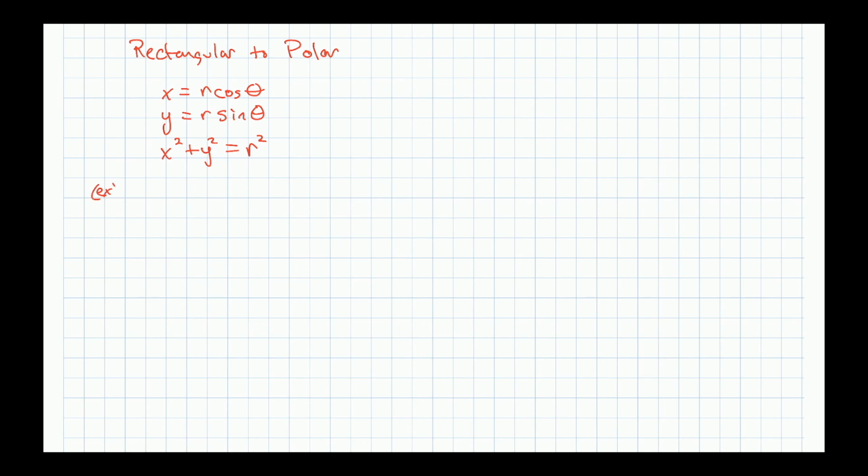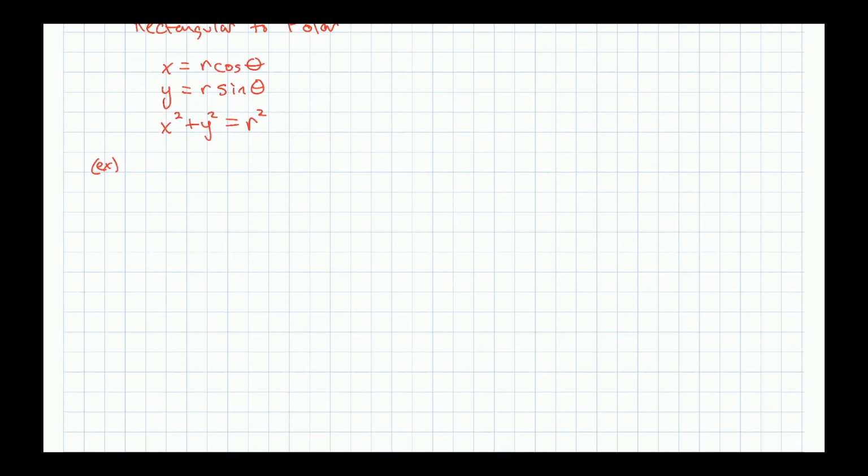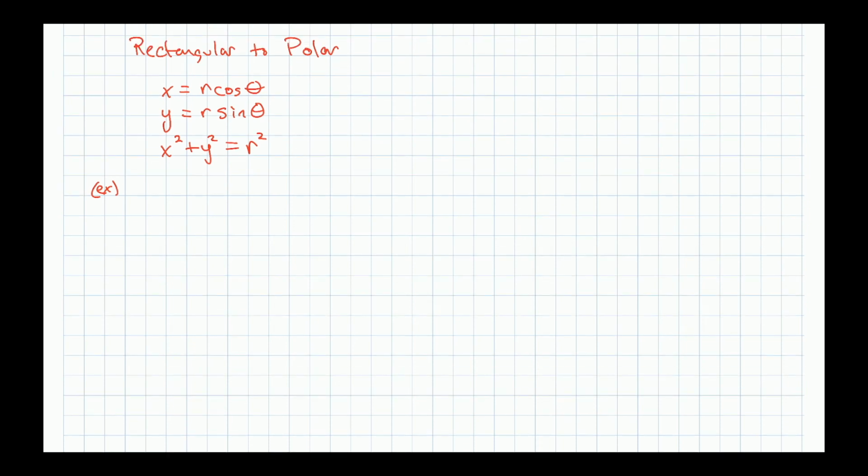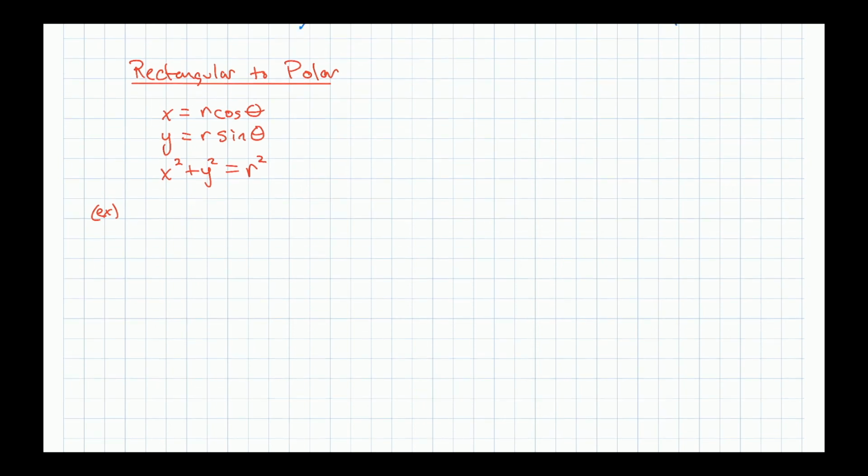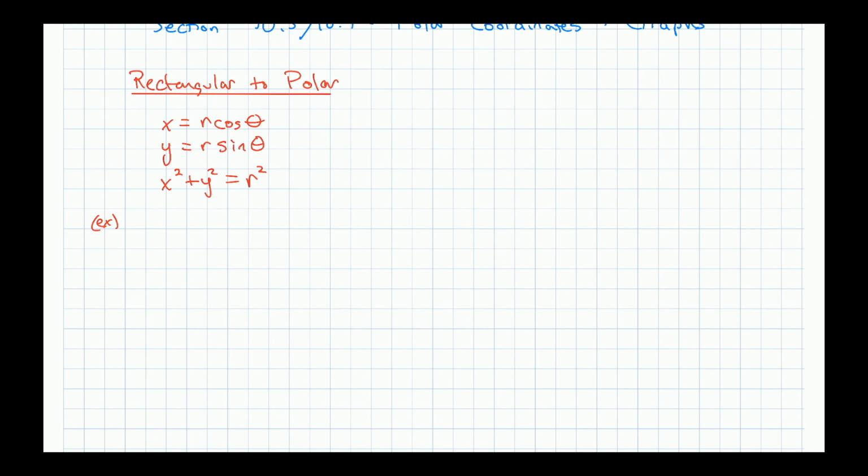And then as an example of that, if you have a point that's in Cartesian... Things are hard here. Hold on. Let me back this up. This is a mistake. I said that backwards.